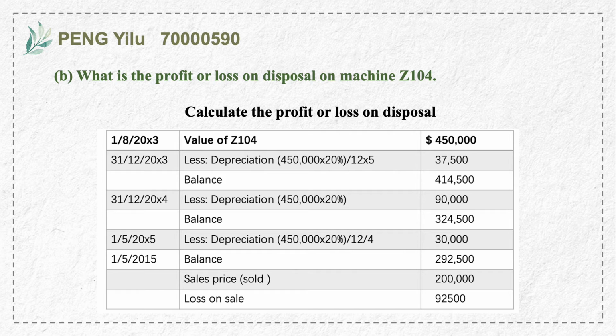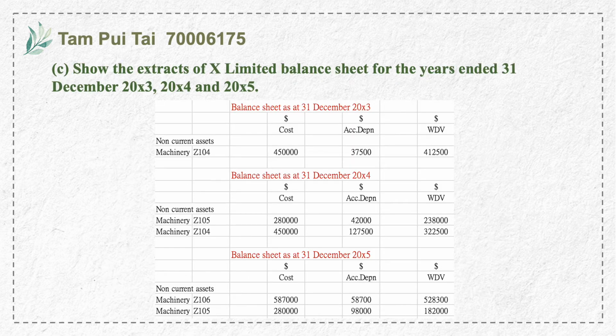Then we balanced at 292,500 because we sold the machine Z104 for 200,000, so we lost on sale 92,500. Thank you.